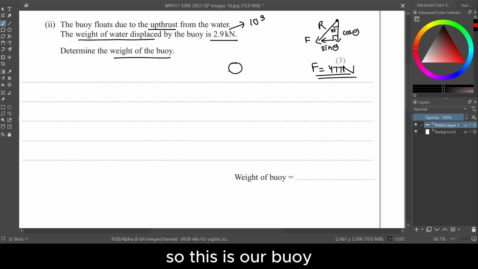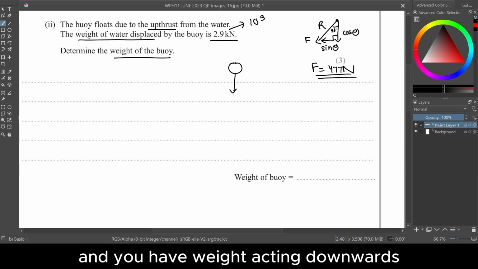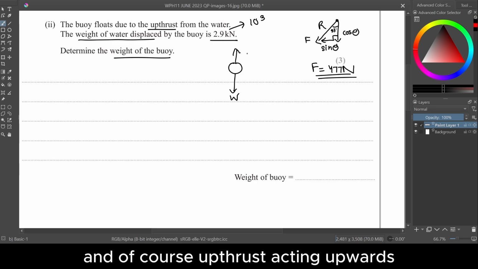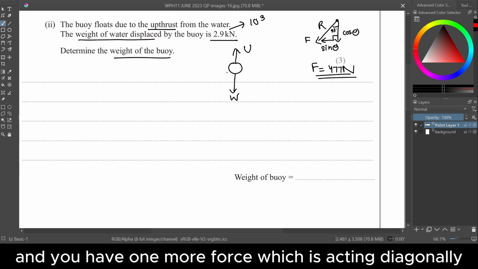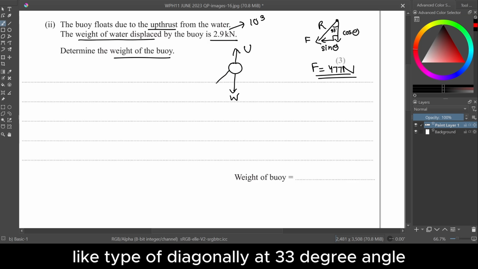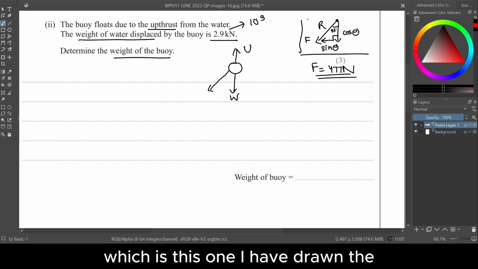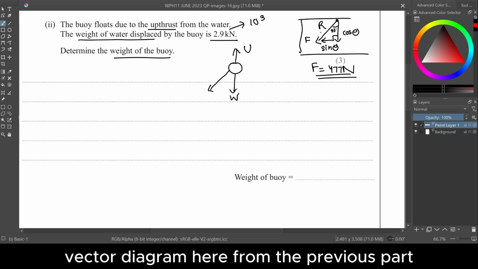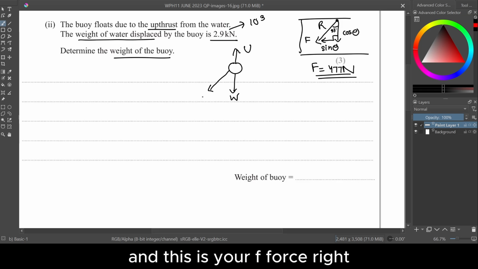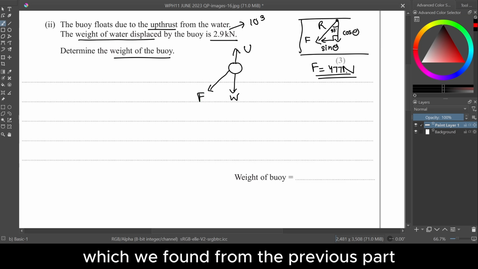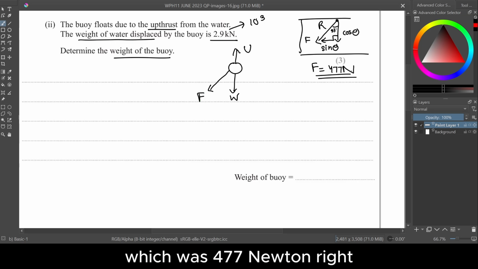So this is our buoy, and you have weight acting downwards and of course upthrust acting upwards, and you have one more force which is acting diagonally at 33-degree angle, which is this one. I have drawn the vector diagram here from the previous part, and this is your F force, which we found from the previous part, which was 477 Newton.